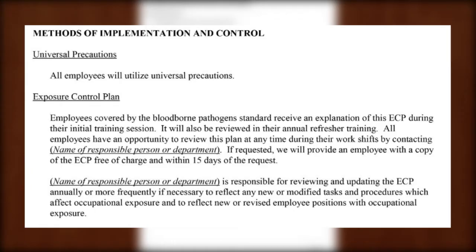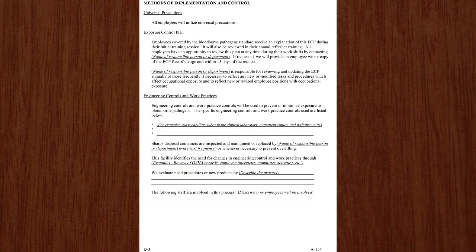The exposure control plan talks about the person, job title, department, or whoever is responsible for making sure that the initial training for employees is completed and that the plan is annually reviewed, especially for smaller sites and larger hospitals. Say, for example, a hospital with an infection control department. Well, they're probably going to be the same department doing both the training and infection control.